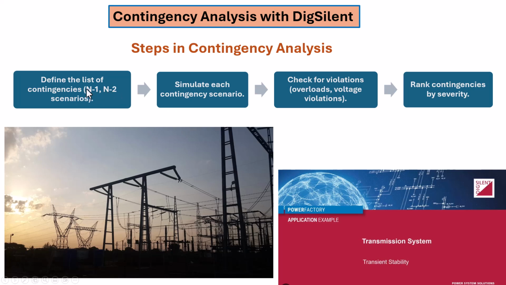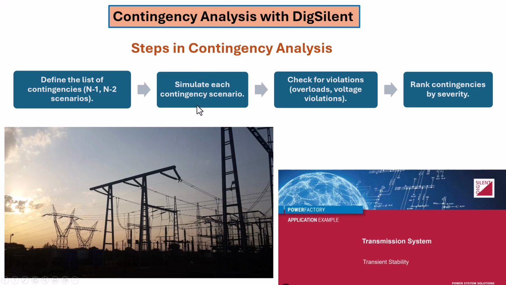If you run an N-1, you are simulating one item being put out of service or failing. For instance, you might have a transformer failing. If you move to N-2, then you've got two items, so maybe a transformer and a power line failing at the same time. Those are possible scenarios that you can have.